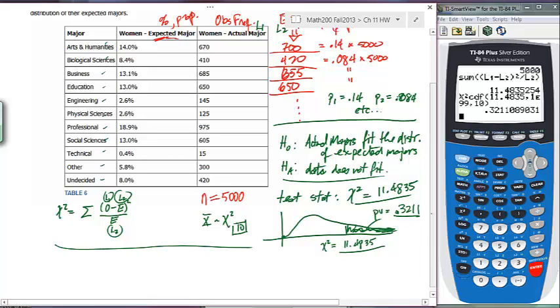So that's a pretty large p-value. A large p-value means we fail to reject. So since the p-value is large, definitely bigger than 0.05, we're going to fail to reject the null hypothesis.